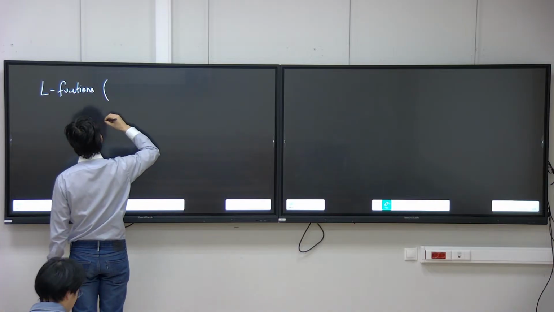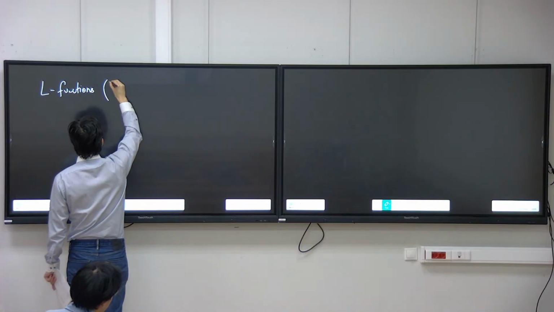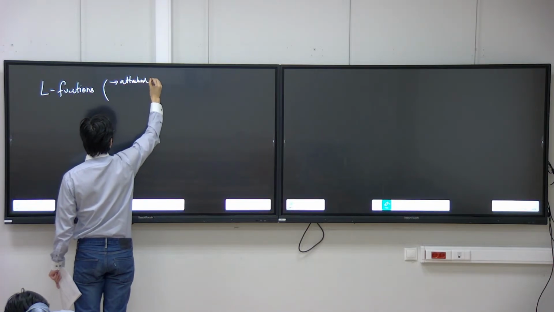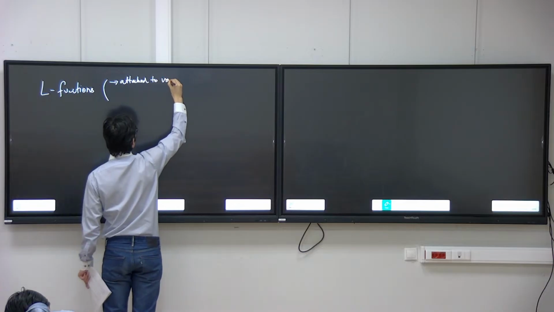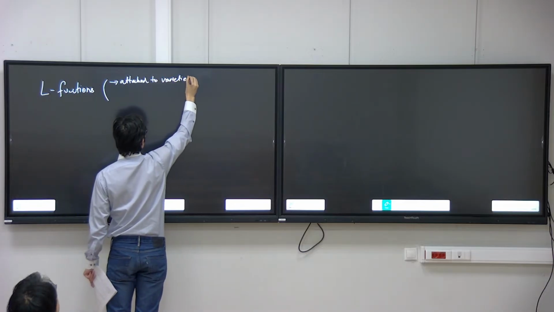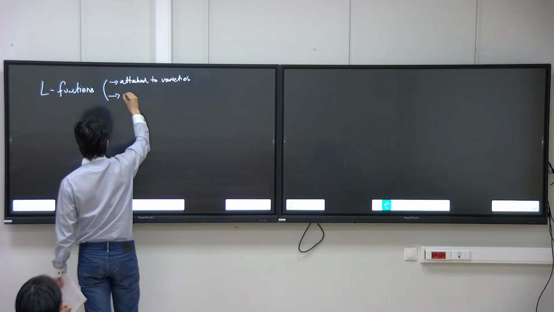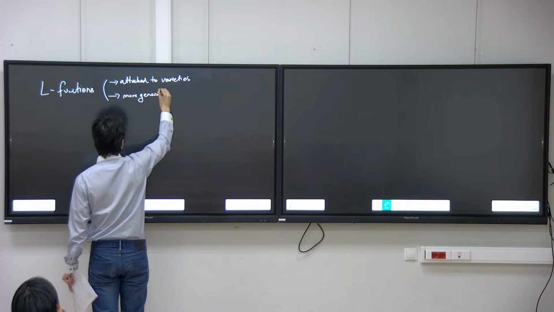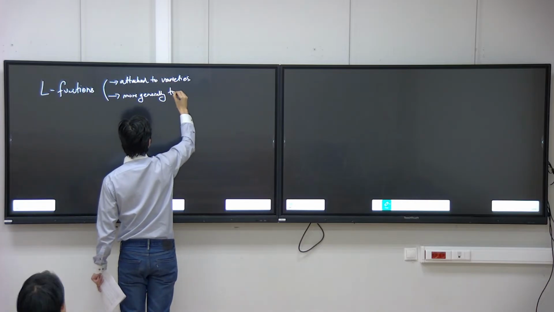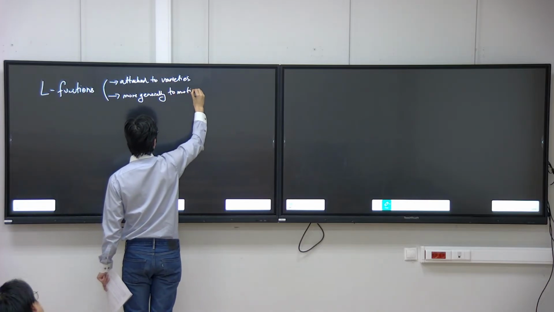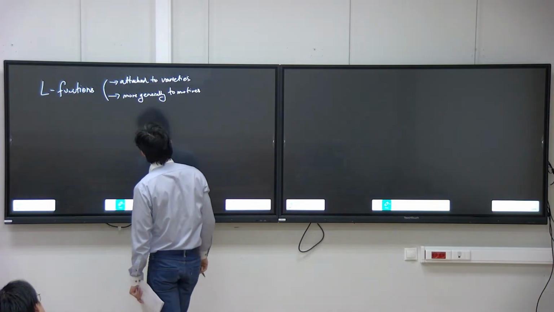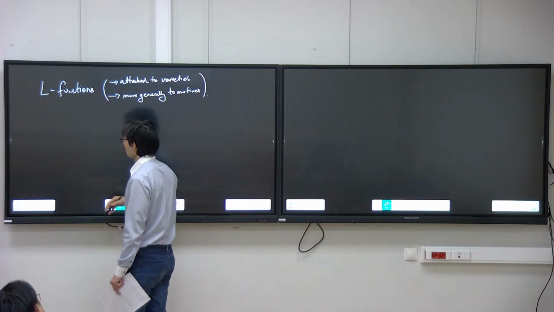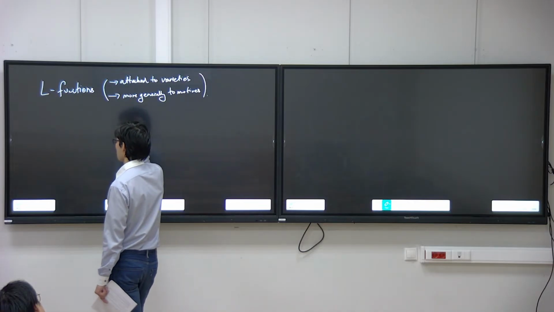You can attach such a thing to varieties, but more generally to motives. I will define the L-function as well.